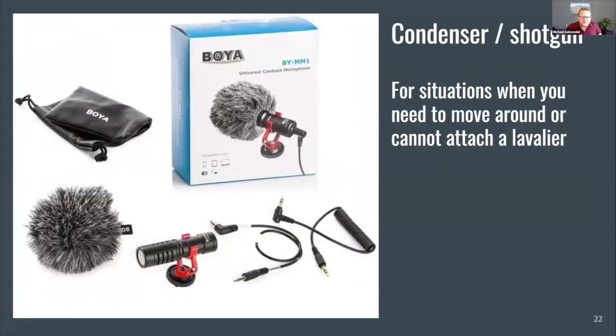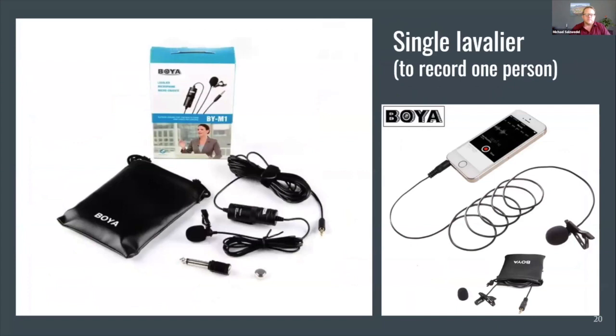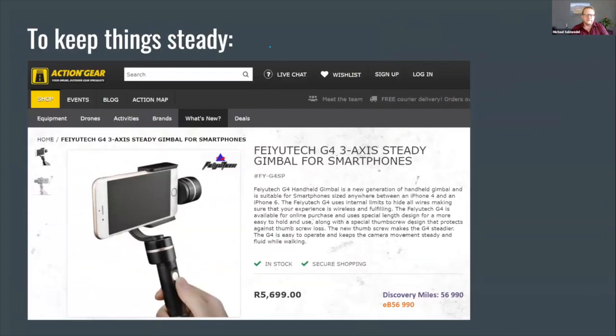This is the other one, the rifle or the shotgun mic from Boya, and this also just works with your smartphone. It can also work with a laptop or with an SLR camera, and it comes with a windshield for windy situations. So I'm just going to stop sharing my screen briefly.